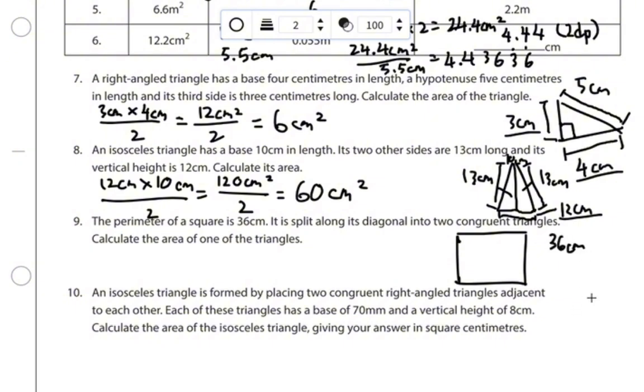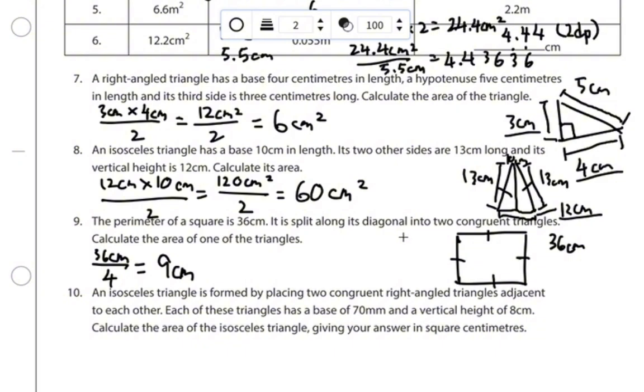And since it is a square, all sides are supposed to be equal. So to find one of the sides, we will just need to take 36 cm divided by 4, which is 9 cm.